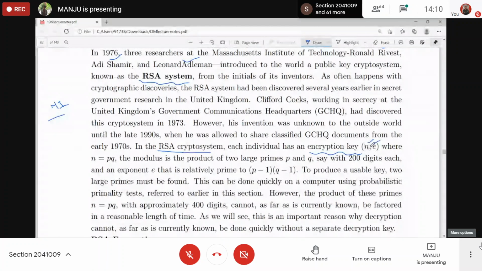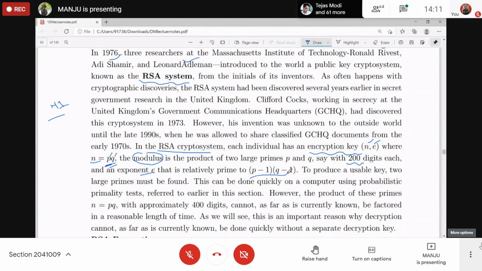Modulo N we will be working, and N is the product of two very large primes, P and Q, which may have 100, 200, 300 digits. And E is the exponent we will be taking, a number that is relatively prime to (p minus 1) into (q minus 1).